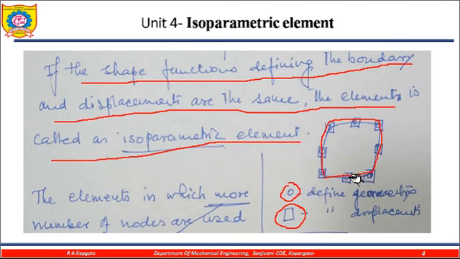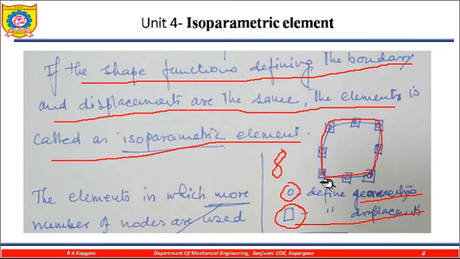Here you see there are nodes around: 1, 2, 3, 4, 5, 6, 7, 8 nodes are there. At every node, just to define the geometry, this is the symbol. And at 8 nodes, this is the symbol for defining the displacement.